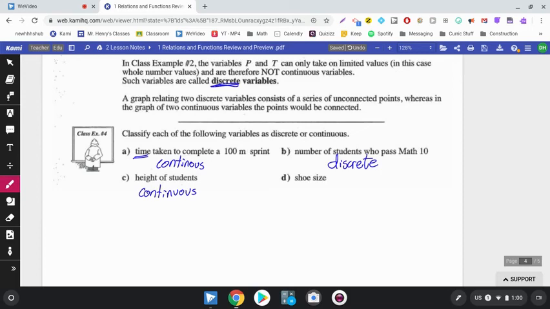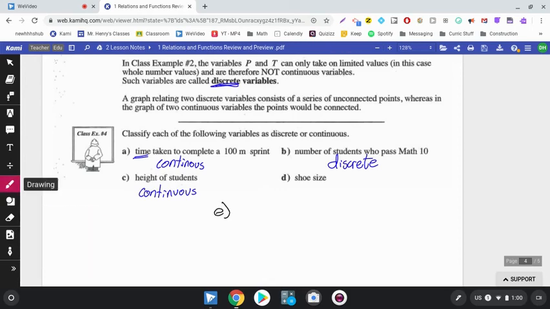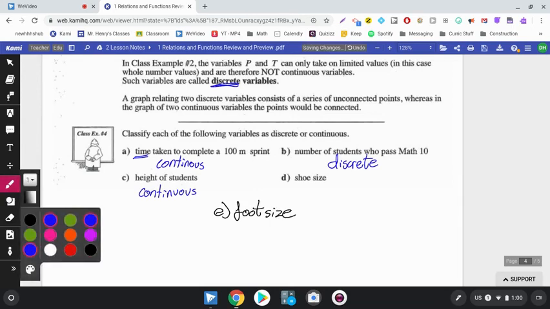Shoe size. Okay, this is the most confusing one or the most controversial one. I'm actually going to add an example and maybe we'll highlight the difference here. I'm going to say foot size. So to me, foot size is continuous. If I measure the size of your foot, it could really be anything, and we could be as accurate as possible with measuring.